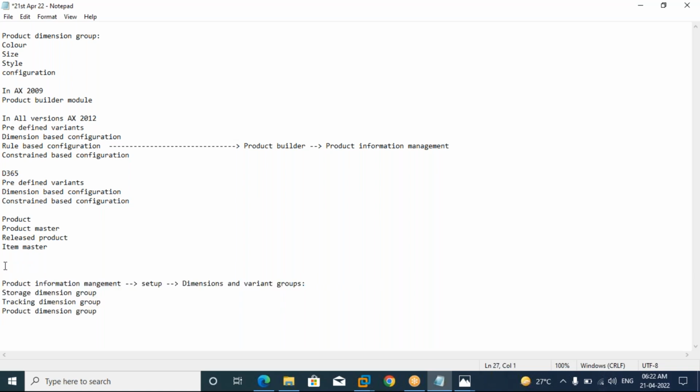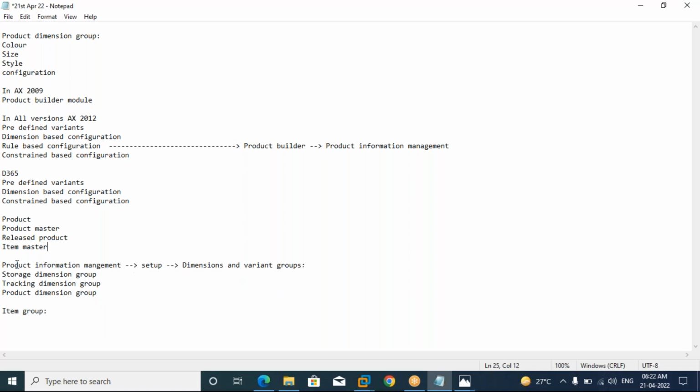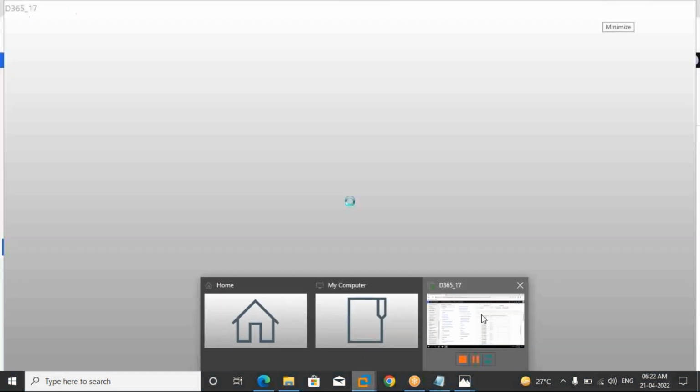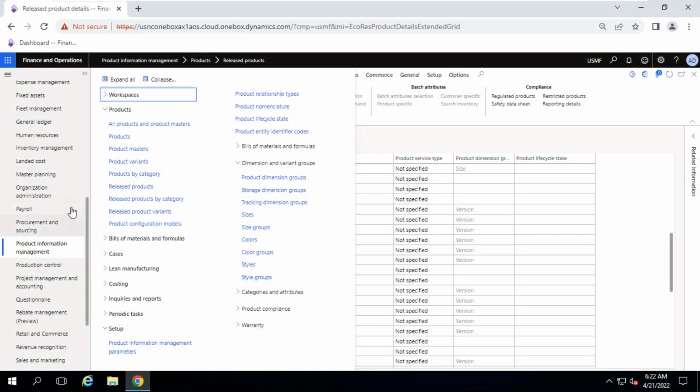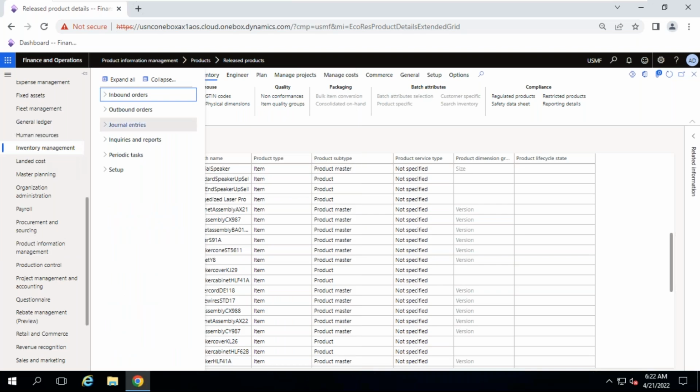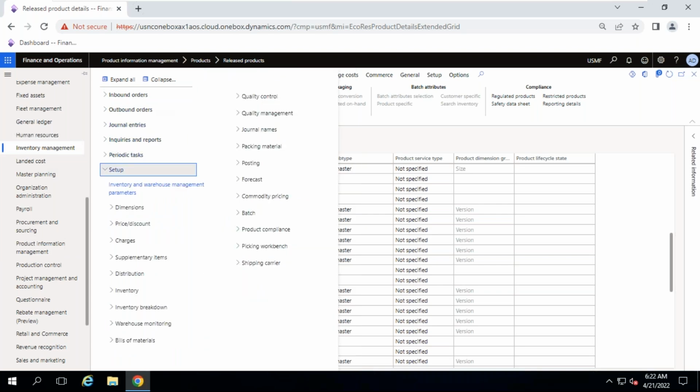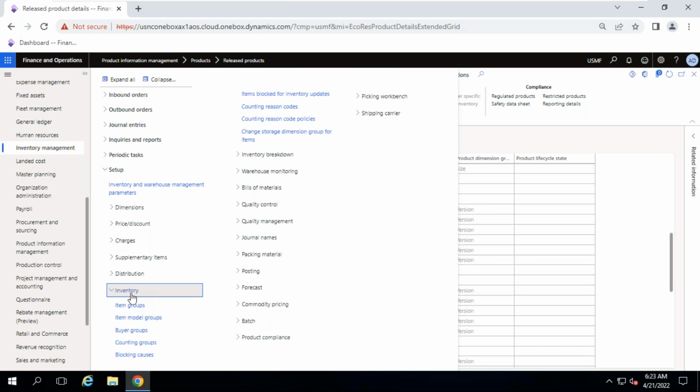Next, item group. Where is it available? Item group is available in inventory management. Let me show you. Inventory management, setup, inventory, item groups.